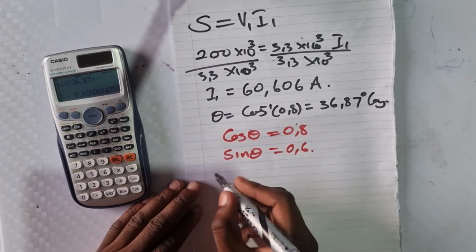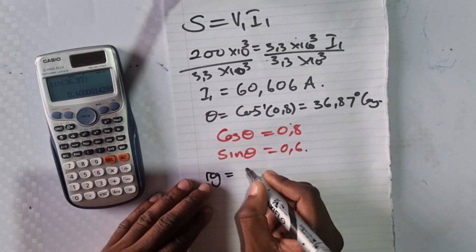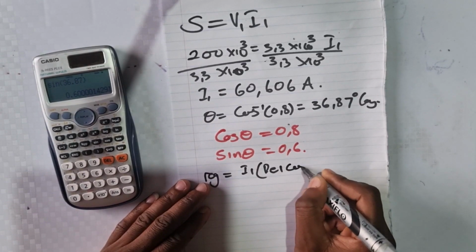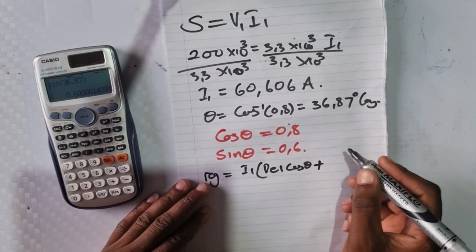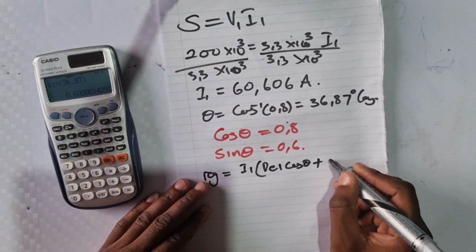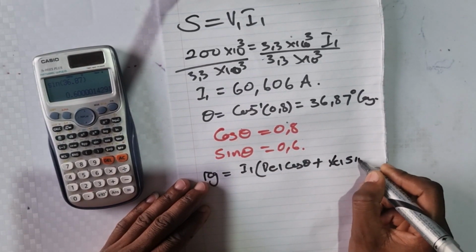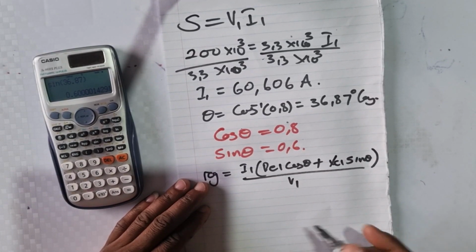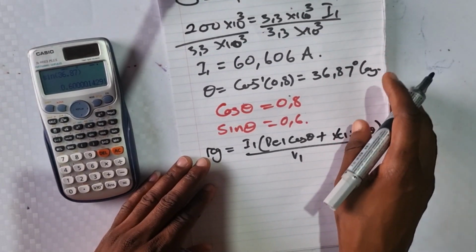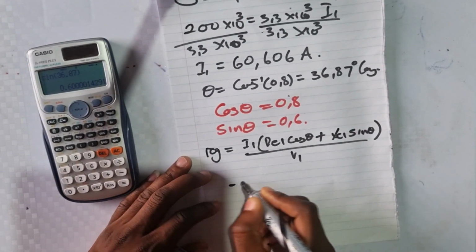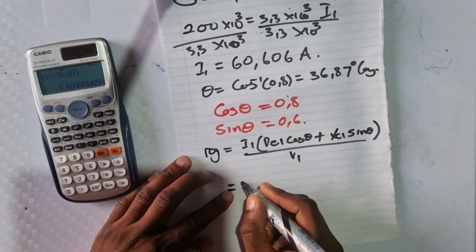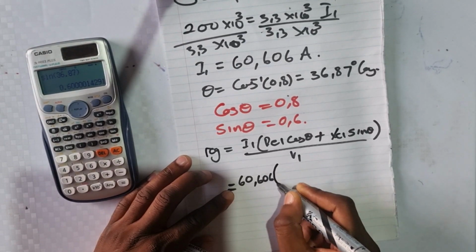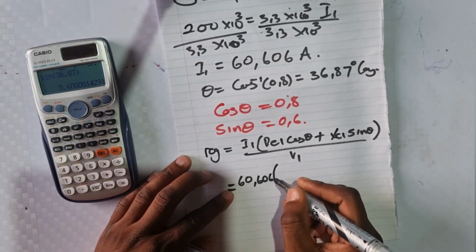Now we are going to substitute. The formula for regulation is I1 RE1 cos theta plus, since it's a lagging power factor, XE1 sine theta, all over V1. So I1 is 60.606. RE1, what's RE1?